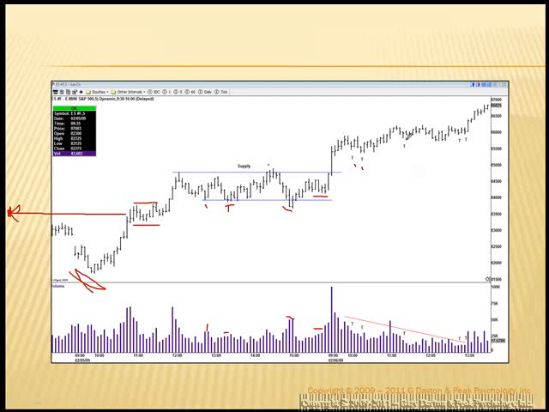And I'm not sure why I did this. We kind of are going up, and you could kind of say, oh, this looks like a shortening of the thrust, right? Because it's kind of rounding over. But look at this. Each time we pull back, we're getting less volume.